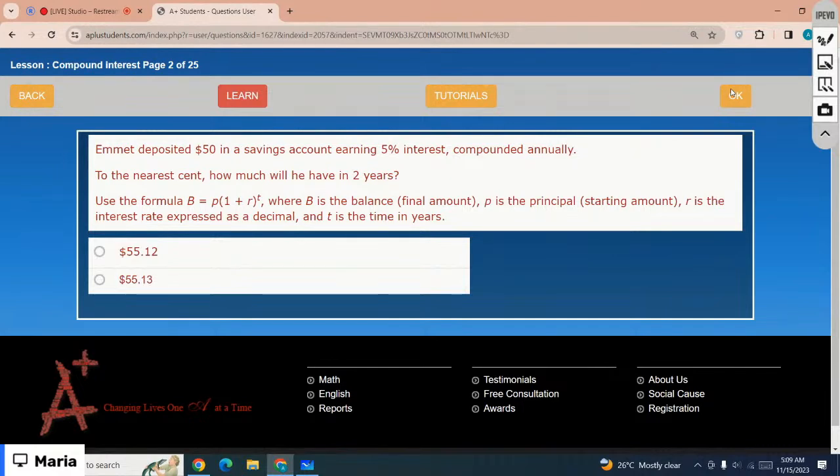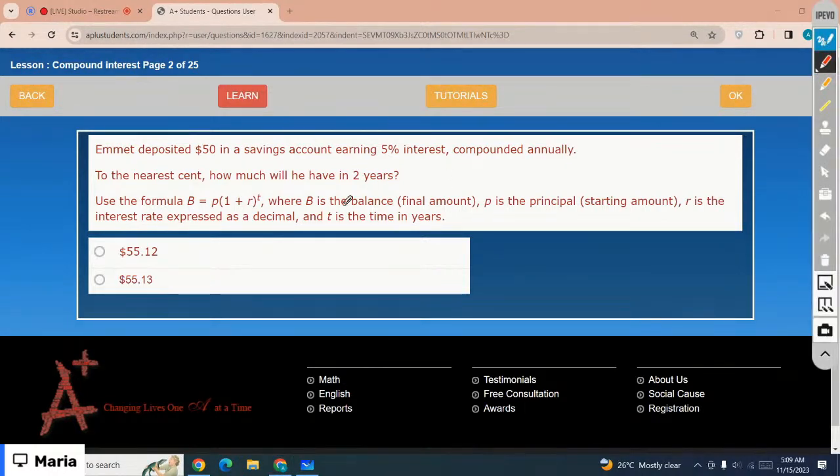Interest rate is 5%, that is 0.05, and time is 2. So just put up the values, evaluate, and okay. Use the formula B equals P (1 plus R) exponent T. P is 50, 1 plus R is 0.05, and T is 2, right? So just evaluate.